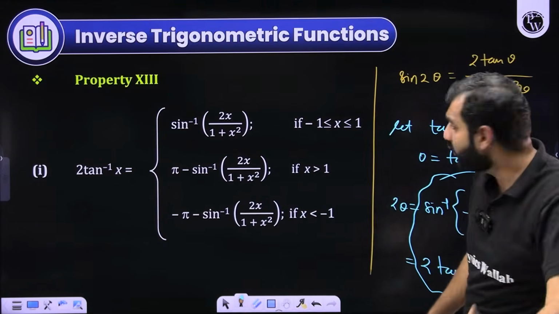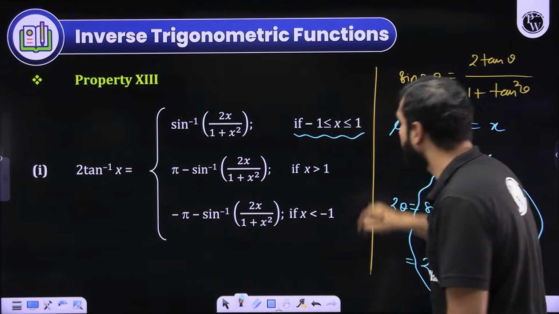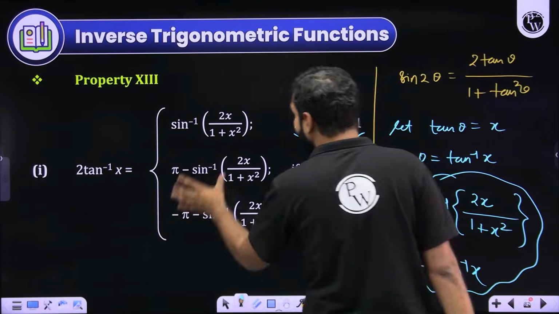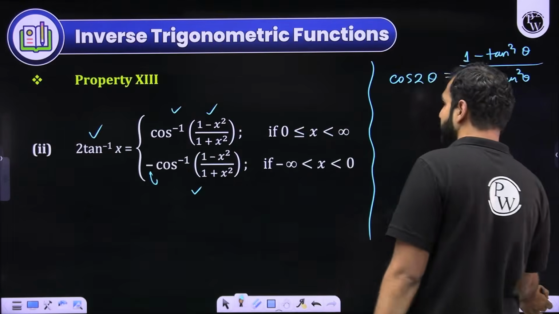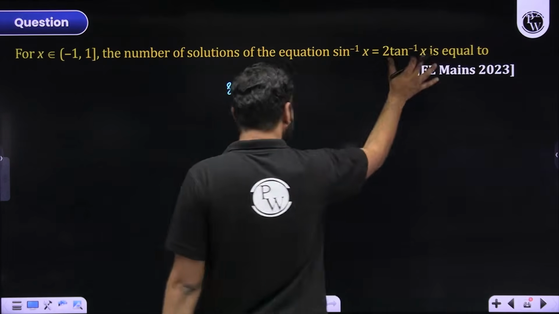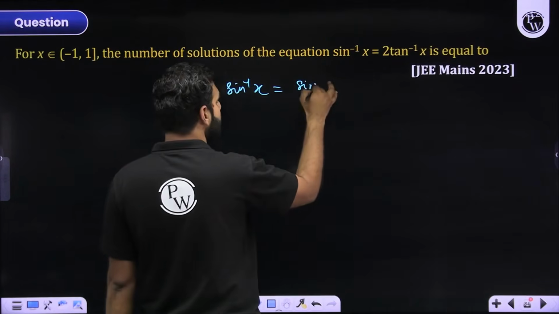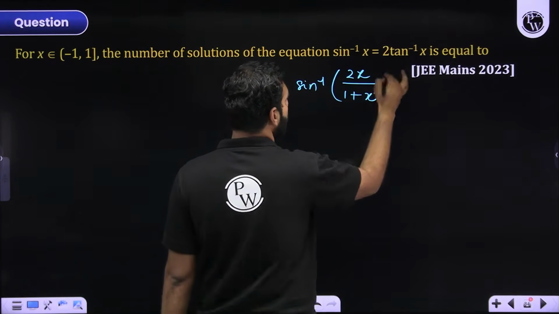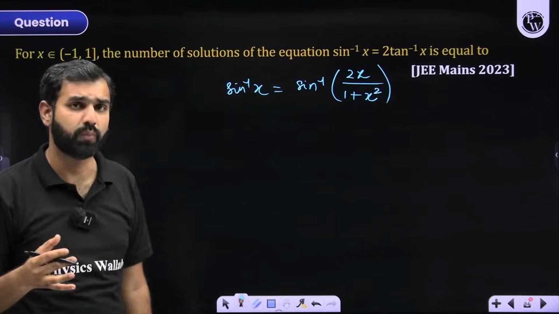And this is exactly what I can do, because you can do this whenever x is lying between minus 1 and 1. So without any hesitation, I'll write 2 tan inverse x as sine inverse of 2x upon 1 plus x square. Do you remember that identity, that formula, that property?